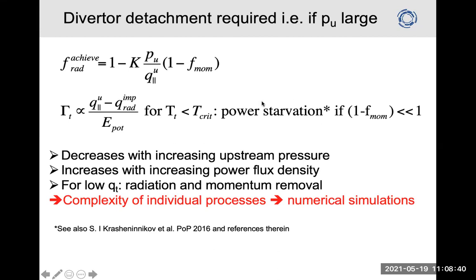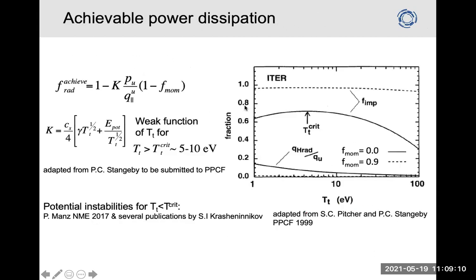But this power starvation at the end of the day actually is only possible if you have removed pressure, without going into the details here. But this type of equation, in a simple analytic world, you enter a solution of this analytic formula once the temperature is below this critical temperature here that is depicted. Where's my arrow? There. This critical temperature that's below 5 to 10 eV.